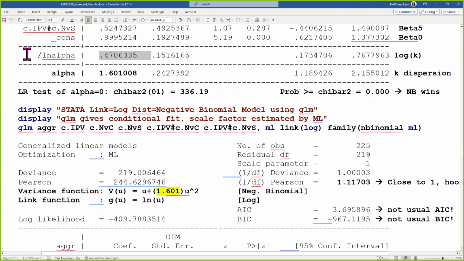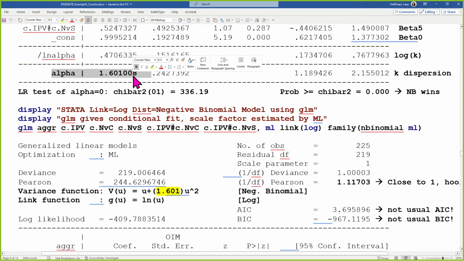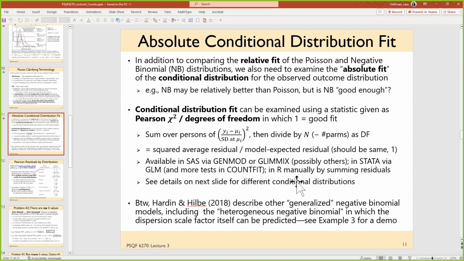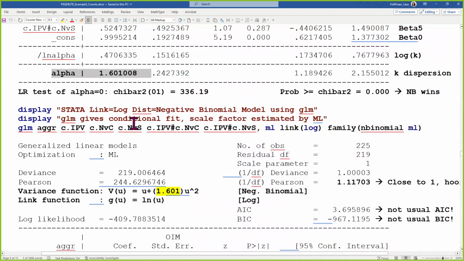So part of the difficulty in figuring out what your software is telling you is which version of stretchy you're getting. So what this is doing is testing the version that corresponds to the notation of this version, where if k is 0, then the second part of this drops out and it becomes Poisson. LR test, you know what those words mean, right?